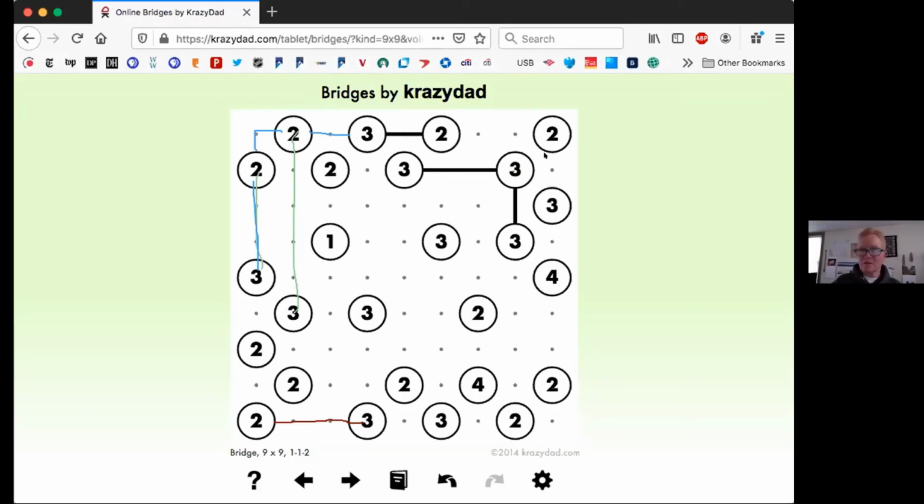And then it goes across. Will I need 1 here? Maybe both of the bridges go down. Or you want 2 on the top line. Either way.